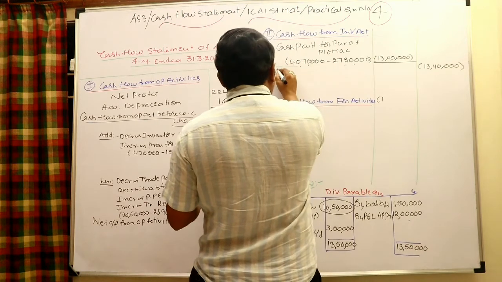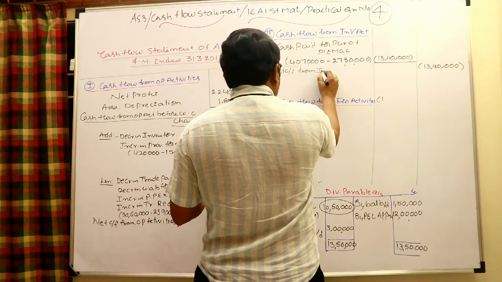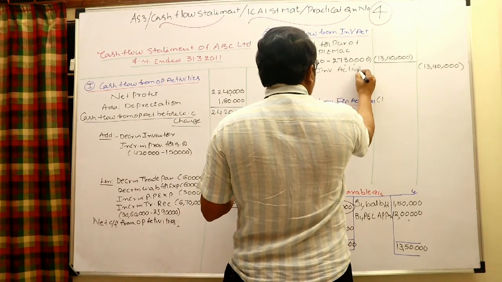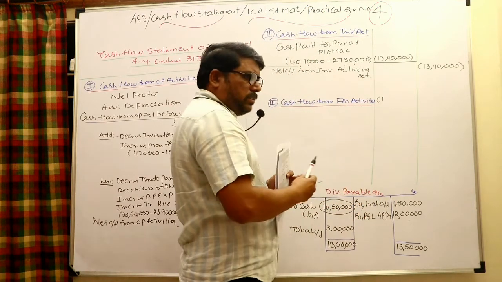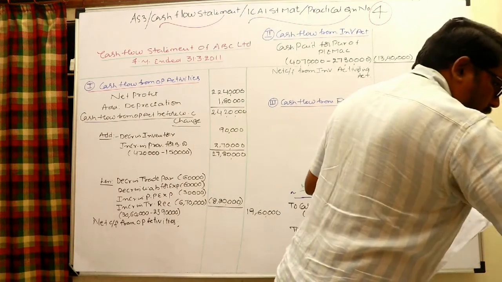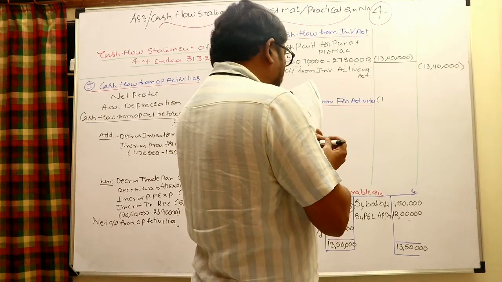This is the net cash flow from investing activities. Come back to cash flow from financing activity. There is no change in the capital; it was the same at the beginning and at the end.